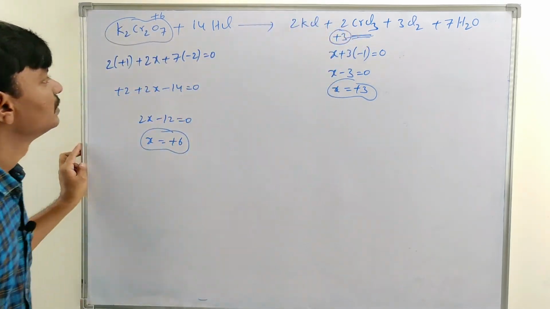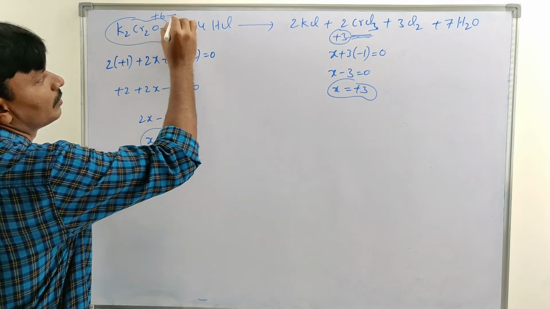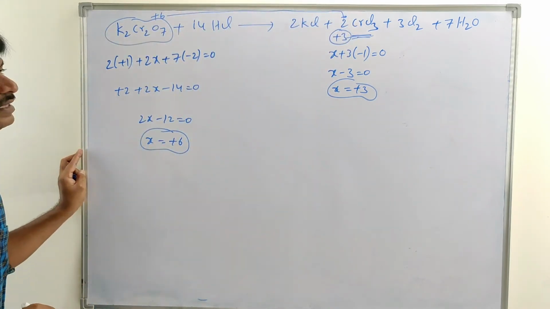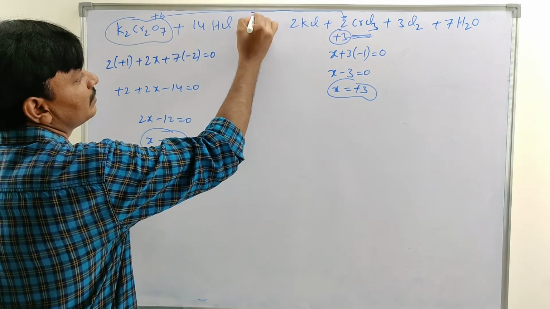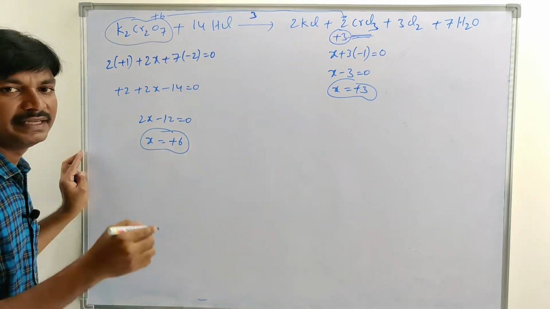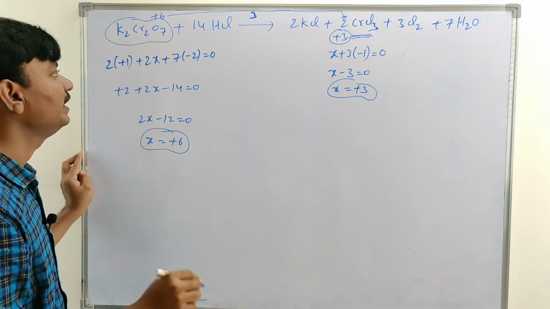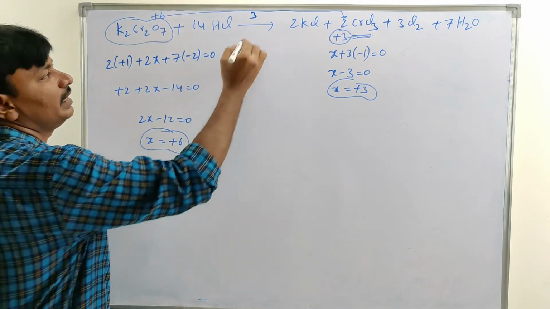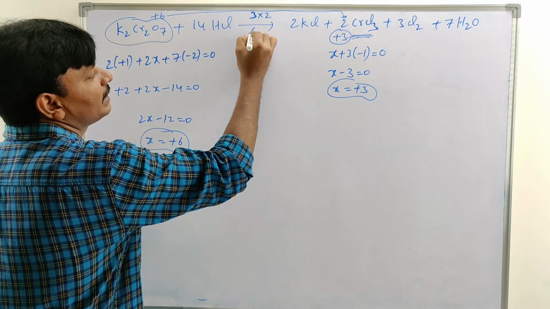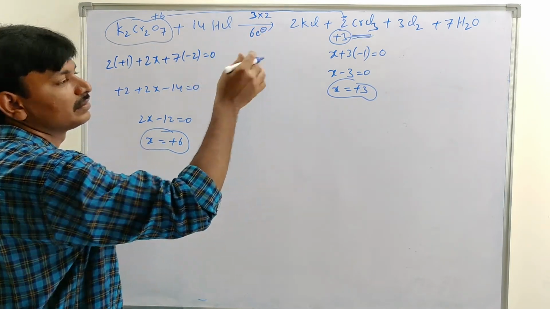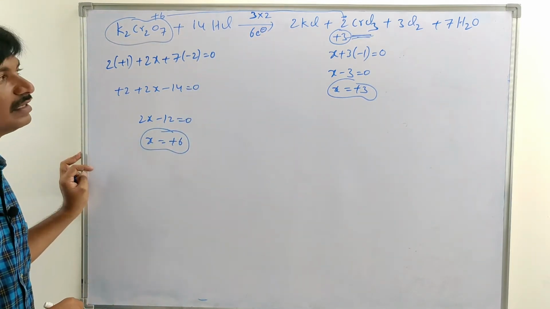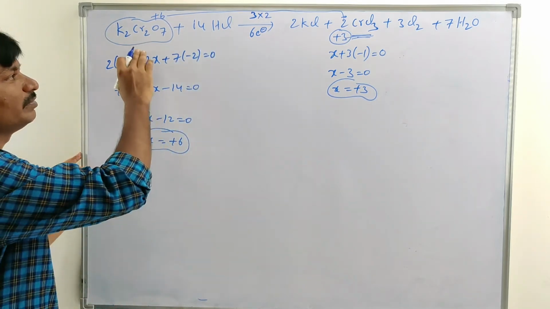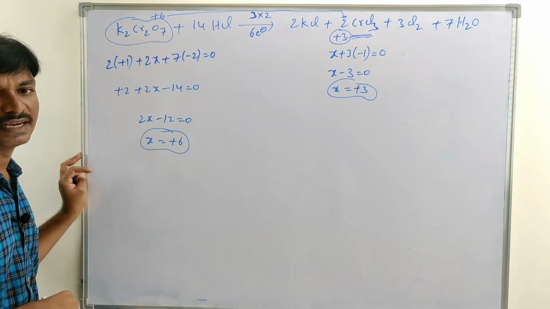Then the change is plus 6 to plus 3, that is 3 electrons for each chromium atom. But here 2 chromium atoms are present, that's why 3 into 2, totally 6 electrons are involved in the given conversion reaction. That is, HCl loses 6 electrons and chromium accepts 6 electrons.